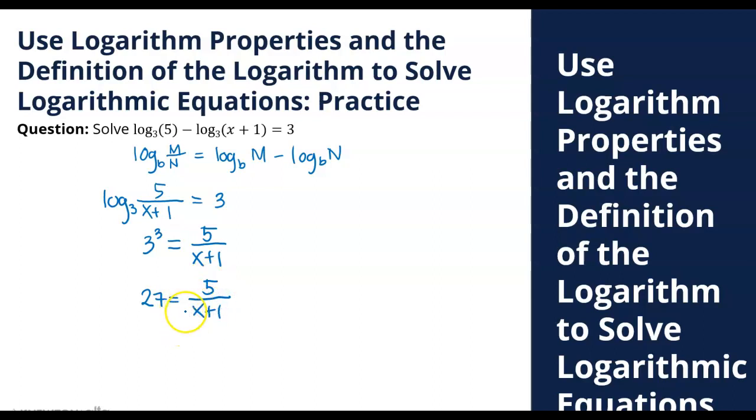Then we can do cross multiplication. We can multiply both sides by x plus 1 to eliminate the denominator.